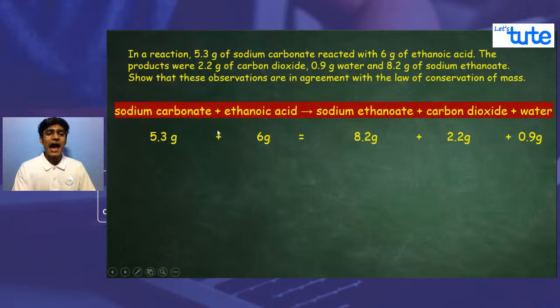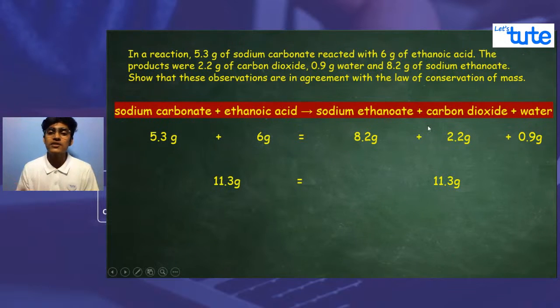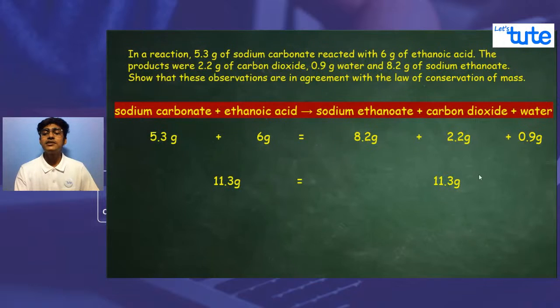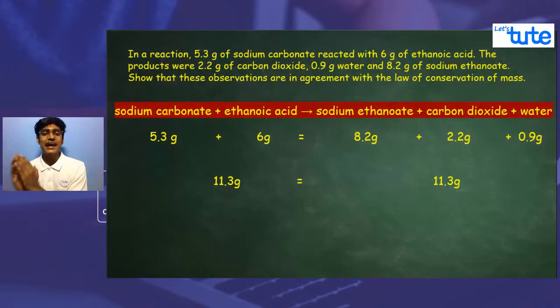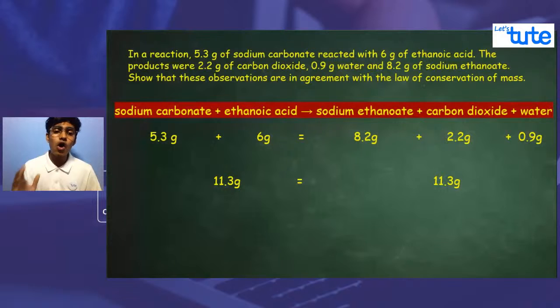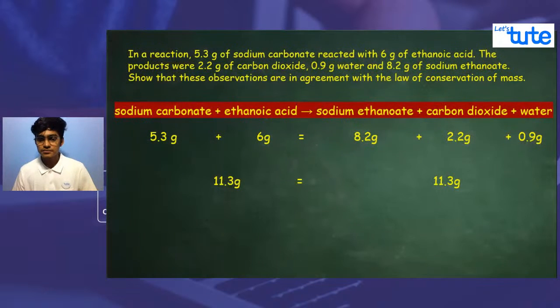If we add the left side, 5.3 plus 6 gives us 11.3. On the right side, if we add all the values, 8.2 plus 2.2 gives us 10.4, and if we add 10.4 with 0.9 grams, it gives us 11.3. So as you can see, the value on the left hand side is exactly equal to the value on the right hand side. So this holds the law of conservation of mass.